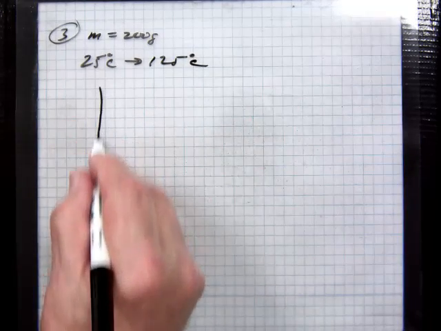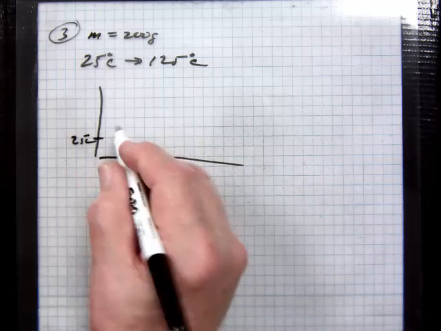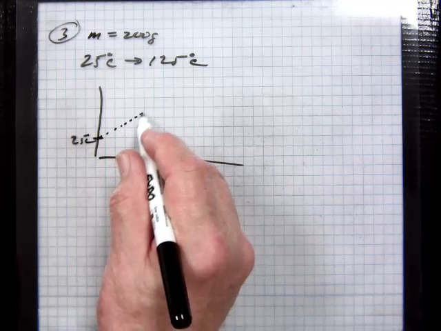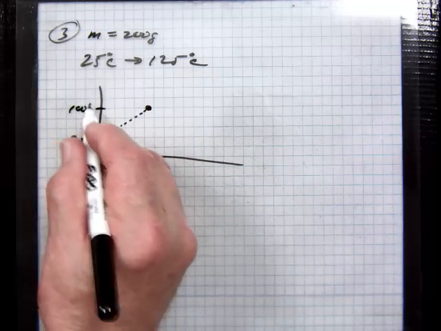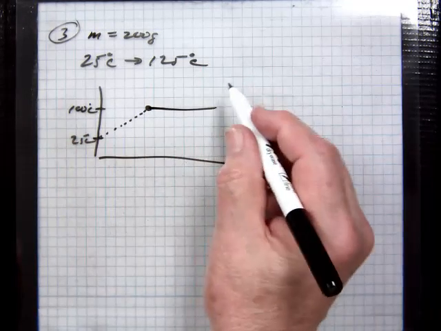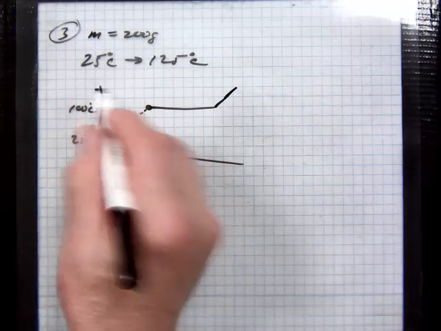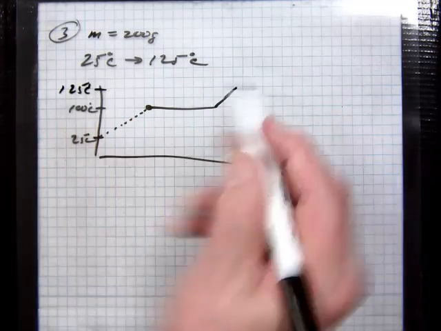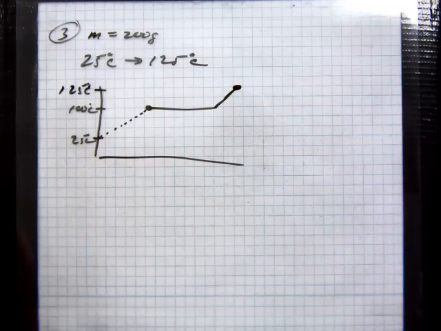So you're starting at 25 degrees C and you're going up to 100. You've got to start there. And so you've got to evaporate all your water, and then you go up to, say, 125 degrees C. So that's your warming after the evaporation.